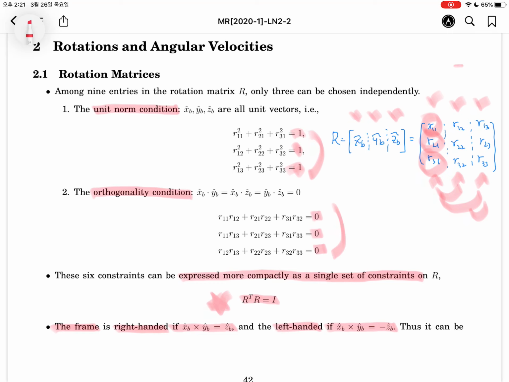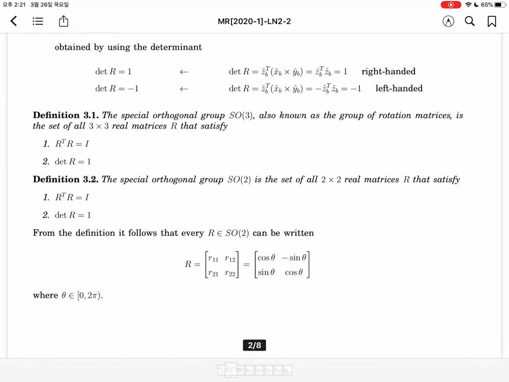It can be expressed by using mathematical notation, especially the determinant equation. The determinant of the R matrix can be expressed by this equation according to the definition of a determinant. In here, this part will be the z.